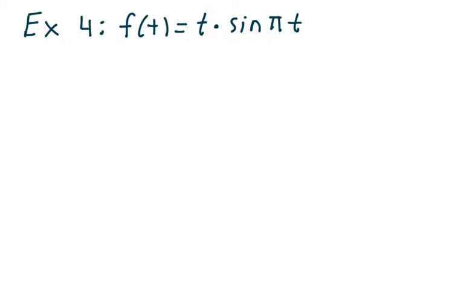Now, this is a product rule problem, okay? So when I want to take the derivative, I'm going to take the derivative of the first multiplied by the second. So the derivative of t is 1, and I'm going to multiply by sine pi t.